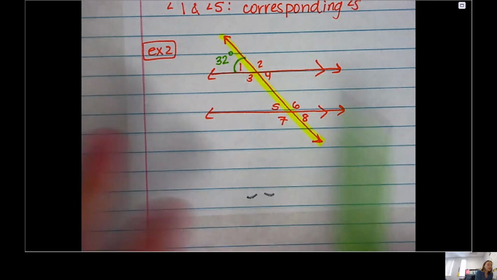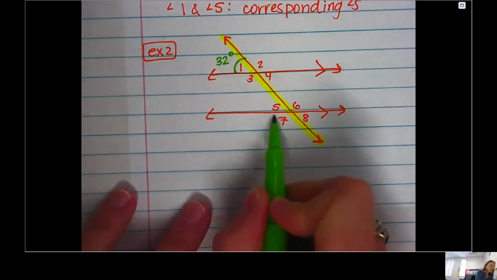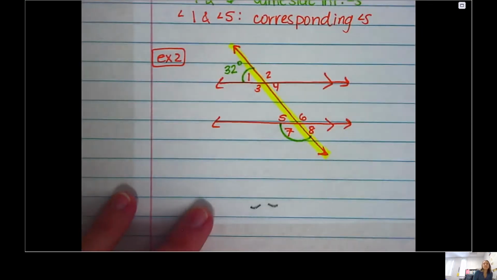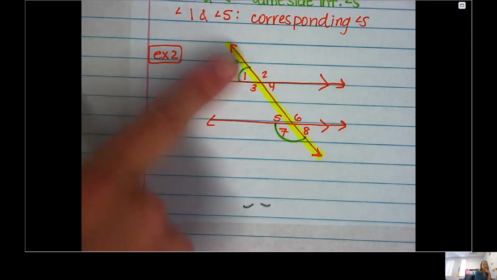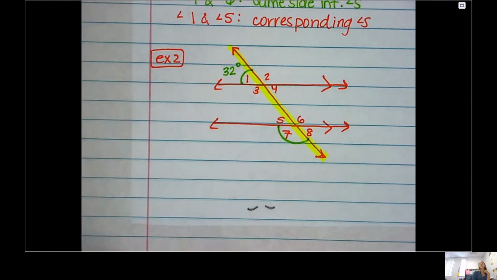So if you were to just look at these angles, here's angle 1, here's angle 7. Do they look the same? No. Are those swoops the same distance? No, one of them's bigger than the other. So if they're not the same, they have to be what? Supplementary, which means adds up to 180.